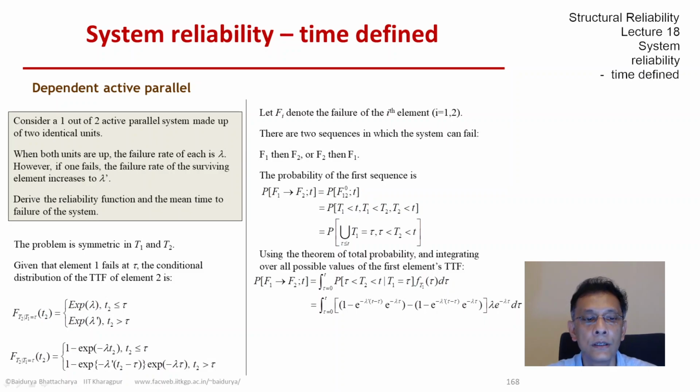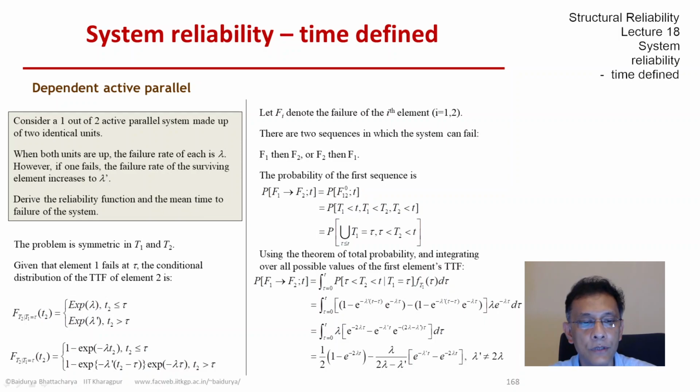The first term, P within brackets, is conditioned on T1 taking value tau, and then the density of T1 at tau, and the conditioned event is that the random variable T2 is between tau and small t. So if we do the algebra carefully, it is the difference of the CDFs of T2 at those two different times, and the answer after some algebra comes down to what you see on the screen.